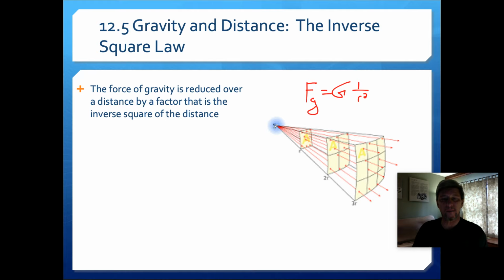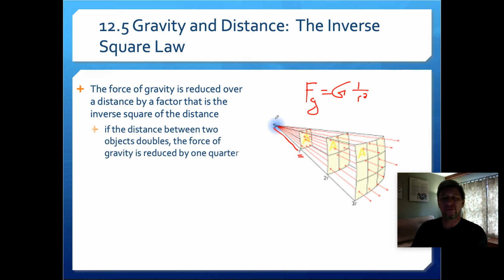Let's say this represents a distance that we'll call r. If the distance is 1, what's 1 squared? Let's imagine for the sake of argument that G is 1, and 1 over 1 squared gives me a force of 1.